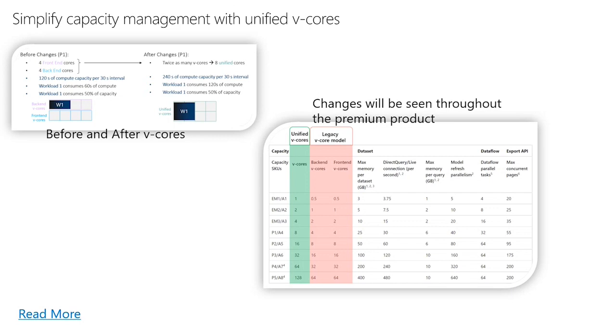So unification of these concepts addresses the feedback we've heard from customers that misinterpret the concepts of customer managed vCores with Microsoft managed vCores. So this change will simplify the model used by customers to both manage capacities and rationalize usage metrics against capacity sizing decisions. So if you're using that within Power BI, I would definitely recommend taking a look at that as those changes have been started to roll out already.